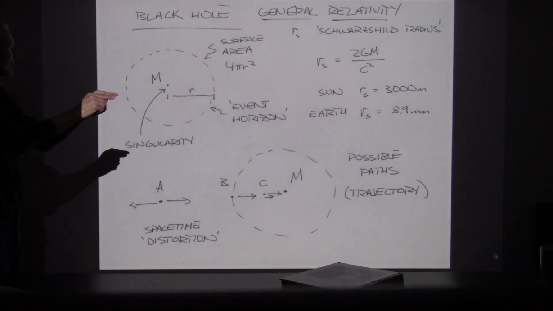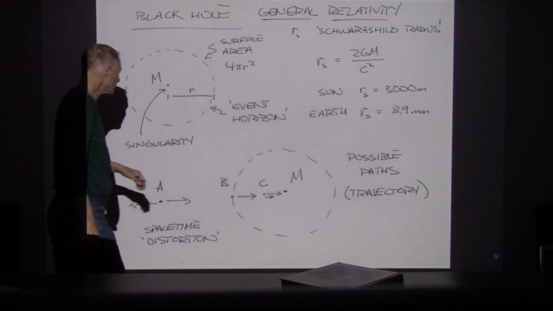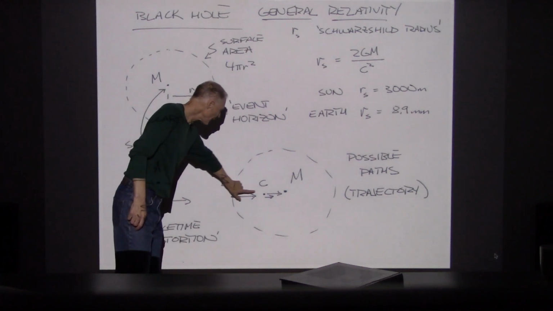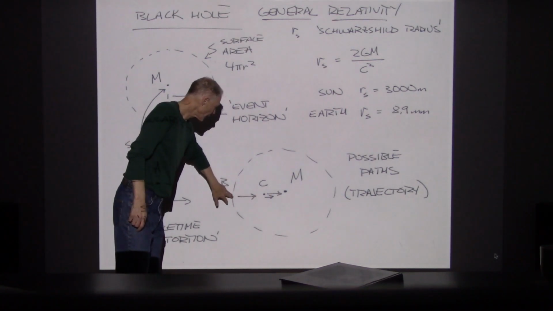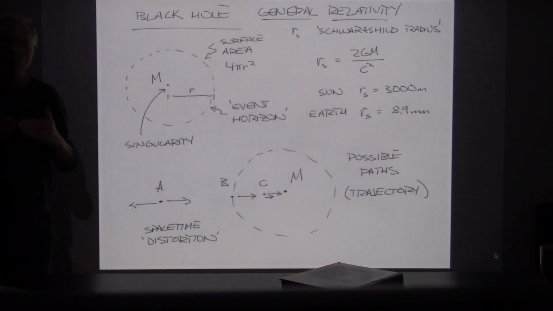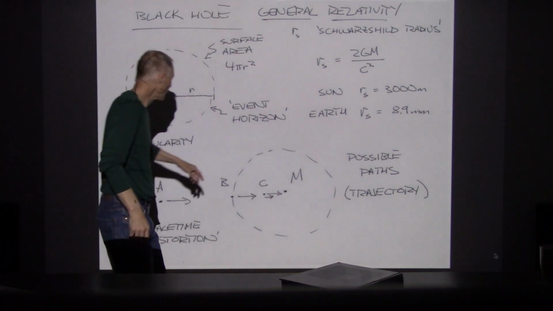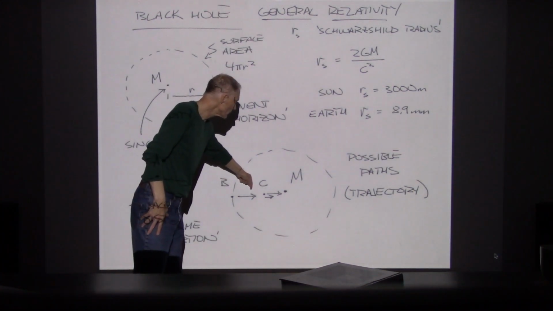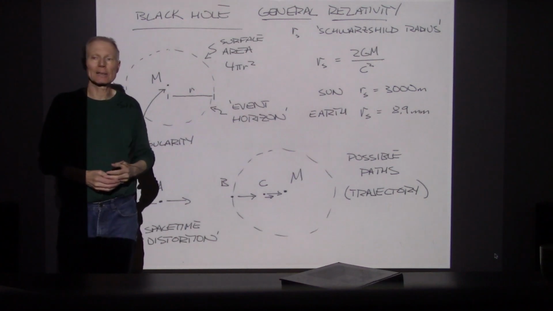Both paths lead inward. So at point B, one path leads inward, and one path no longer leads you out. One trajectory just hovers at the event horizon. Once you've passed the event horizon, both paths lead inwards.